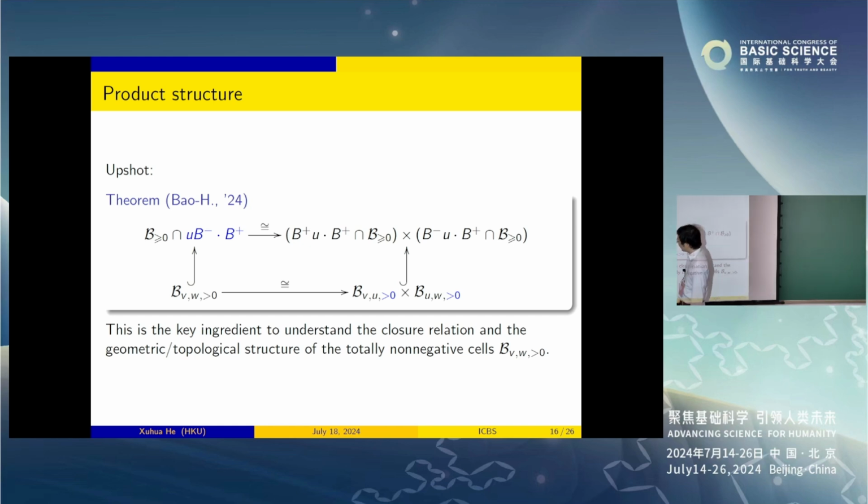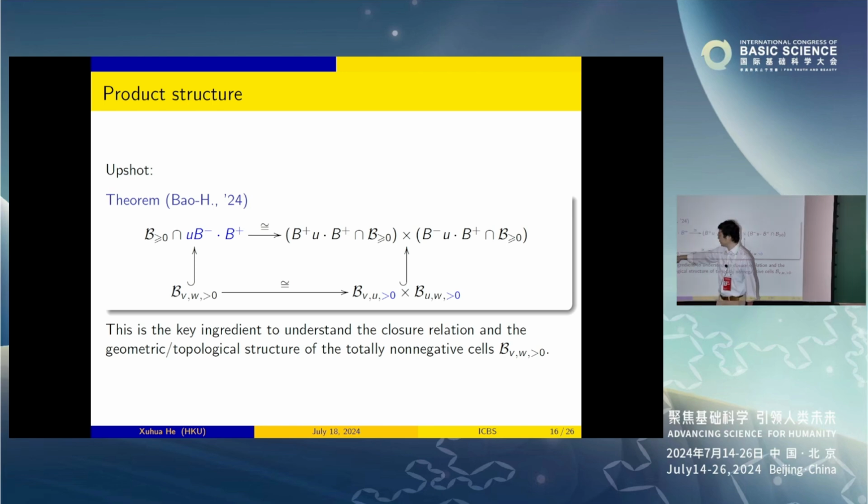We start with the totally positive Richardson variety, which is indexed by v and w. We know this is a semi-algebraic cell, just a product of the positive reals.